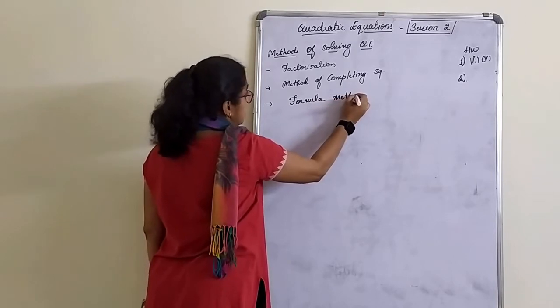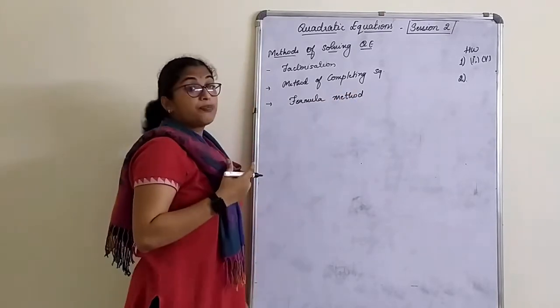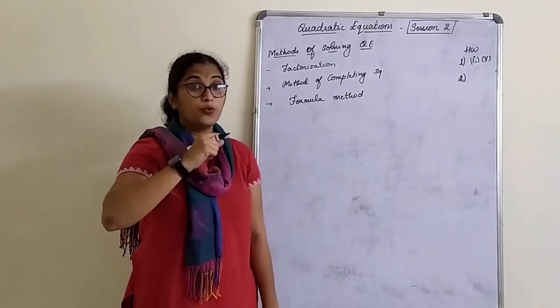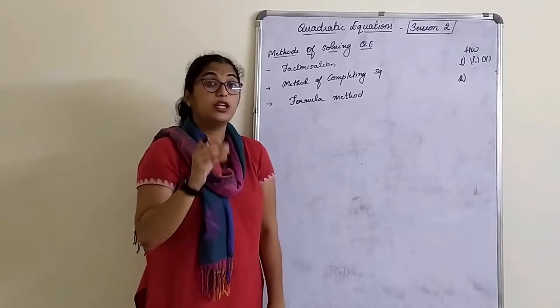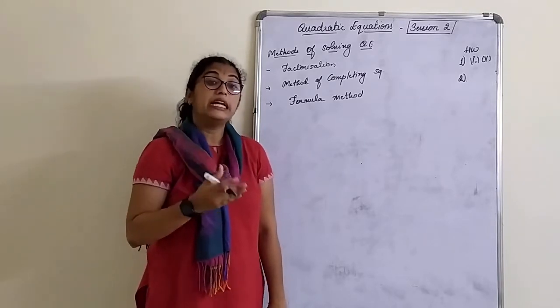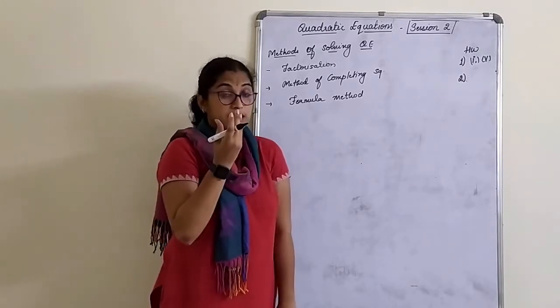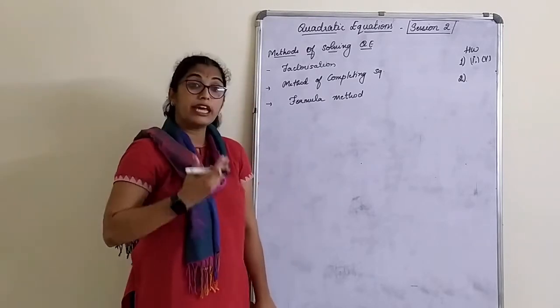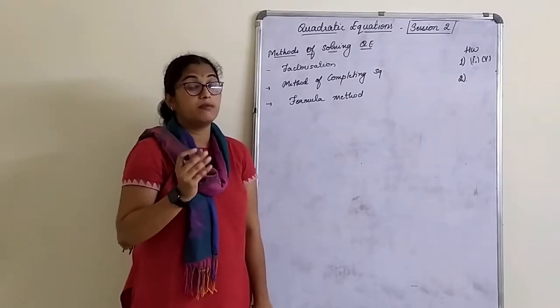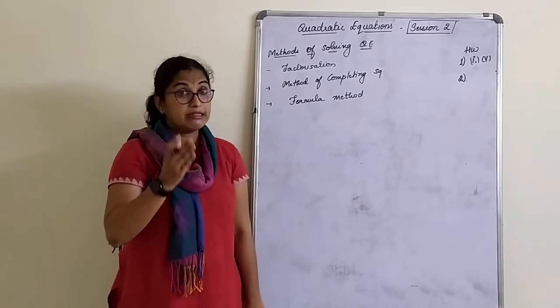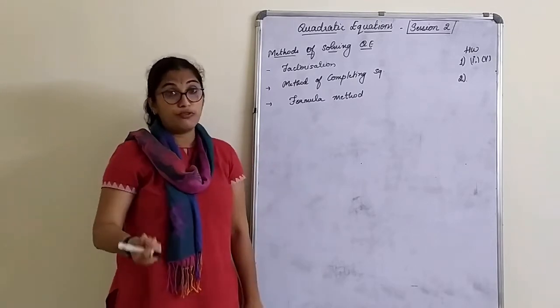Formula method was introduced because, see, what is factorization? We multiply first and last term to split the middle term, right? There are some cases or certain conditions where you cannot split the middle term of the given equation. Under that condition, how do we find the roots?